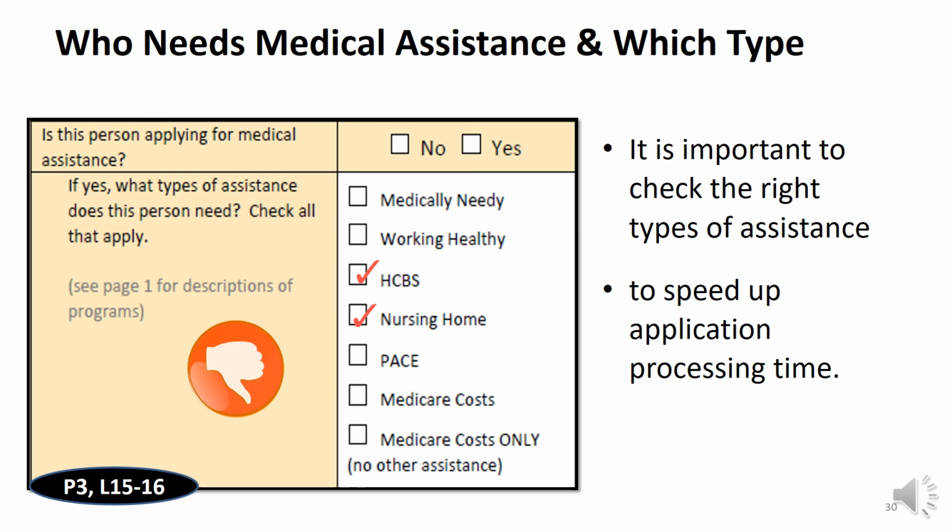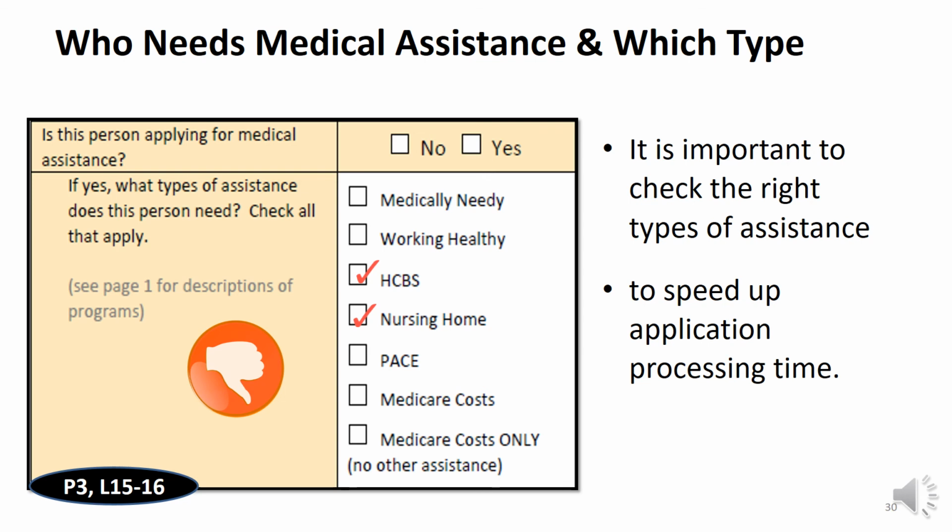It's important to check the right types of assistance to speed up the application processing time. You wouldn't want to check, for example, both the HCBS box and the nursing home box because those are two very different programs. The KDHE needs to know which program the person is actually applying for.